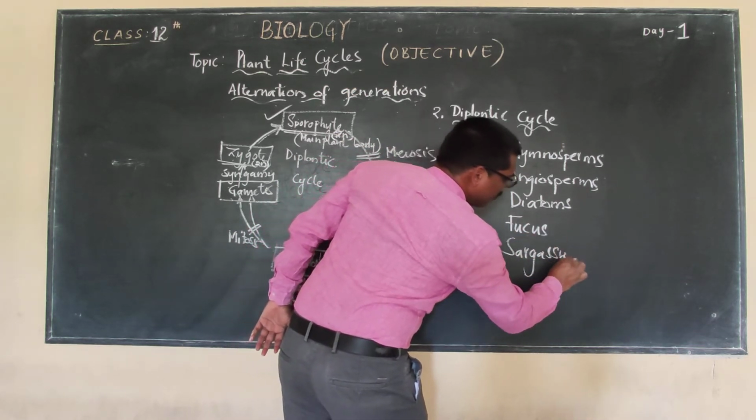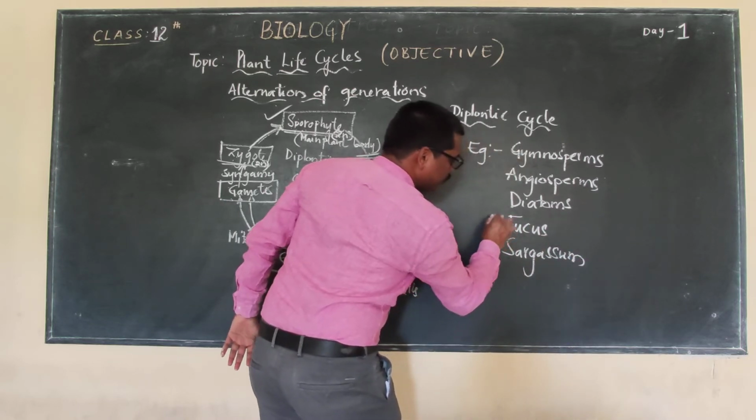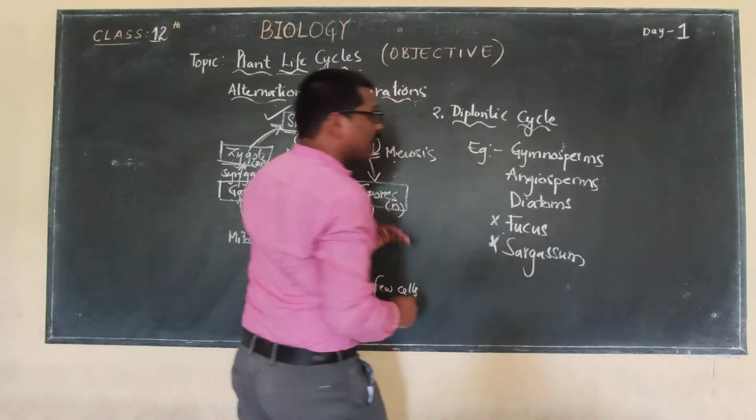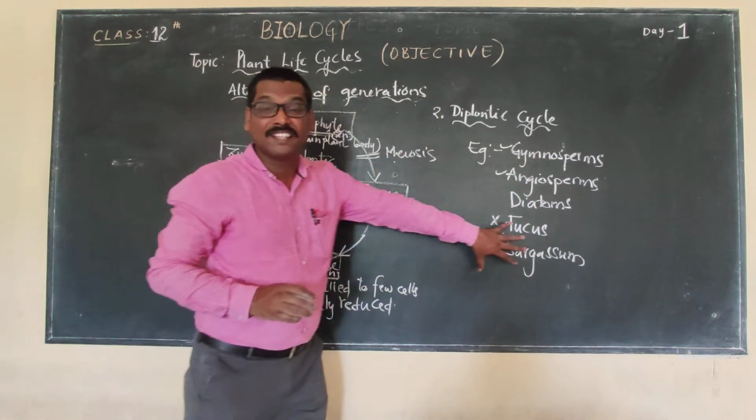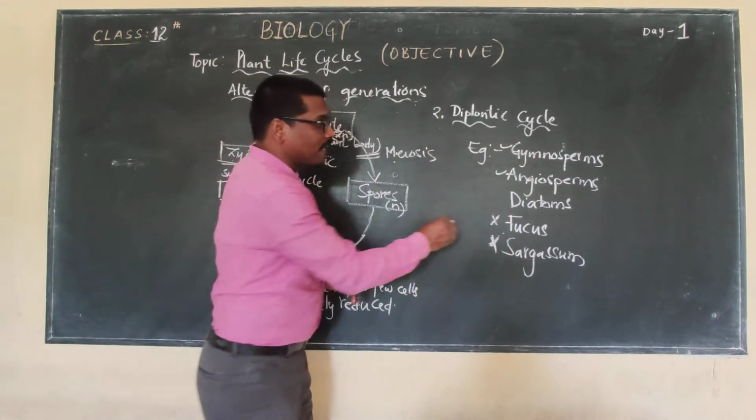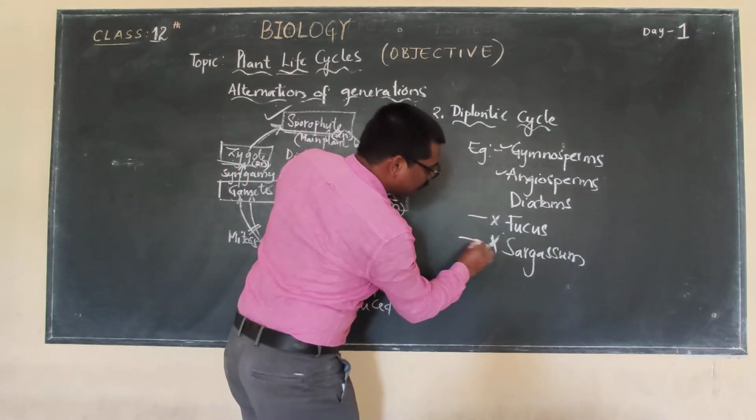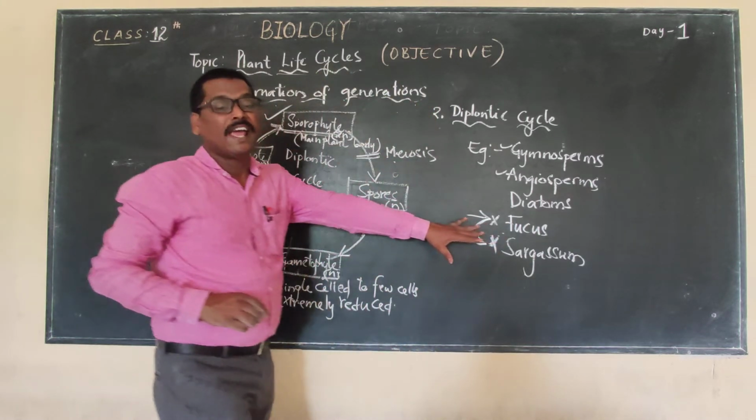These two are very important examples, because they are not gymnosperms or angiosperms. They come under the algae, brown algae. So that's why we should keep these two as very important examples.